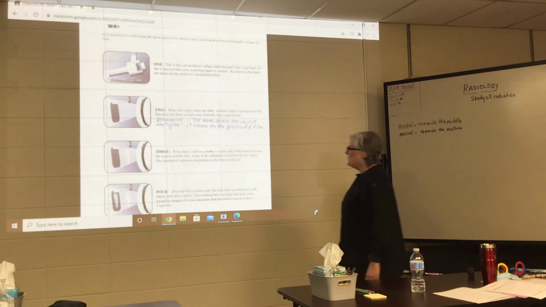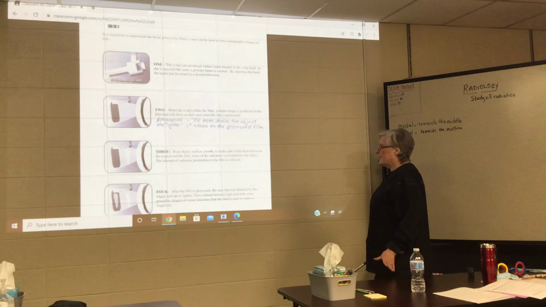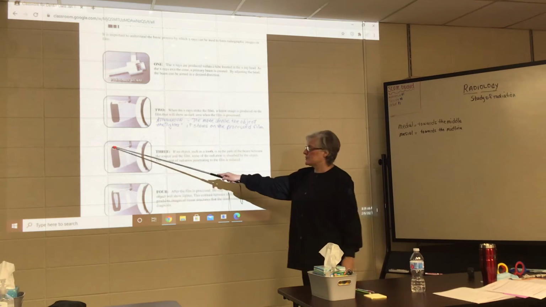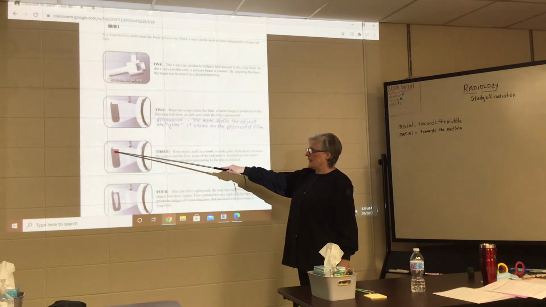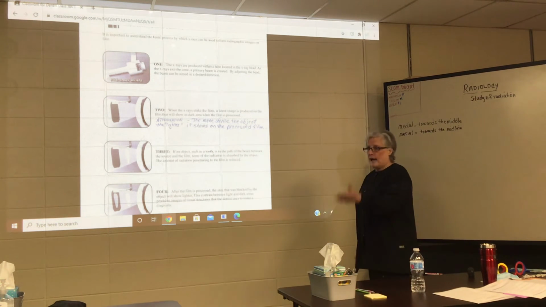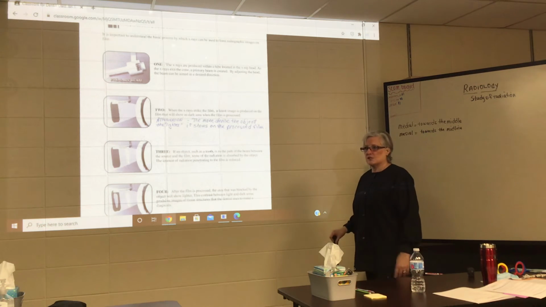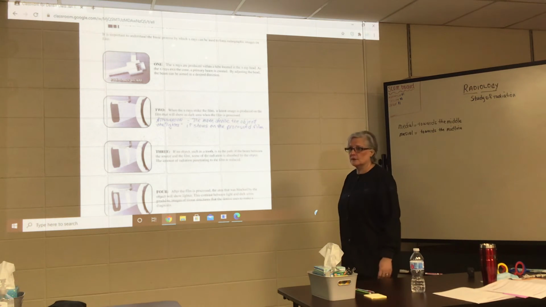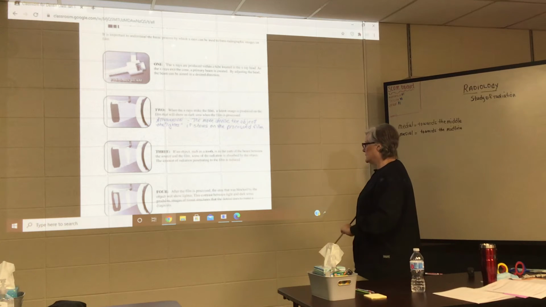The amount of radiation reaching the film is reduced, so you're going to have a lighter area as a result. It's like an opposite shadow. Exactly, an opposite shadow. That's an excellent way to look at it. I'll have to use that.